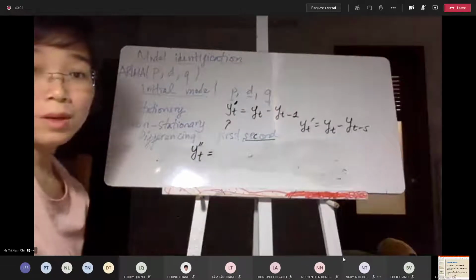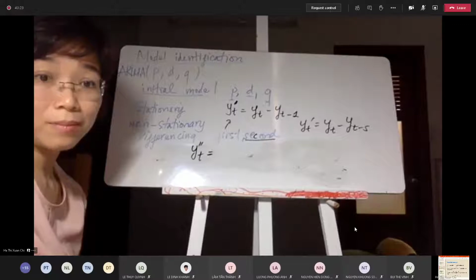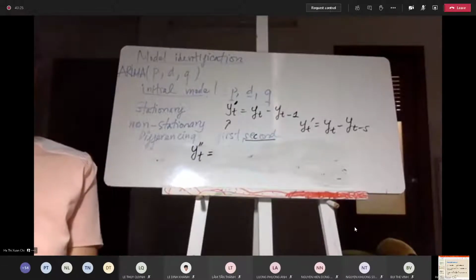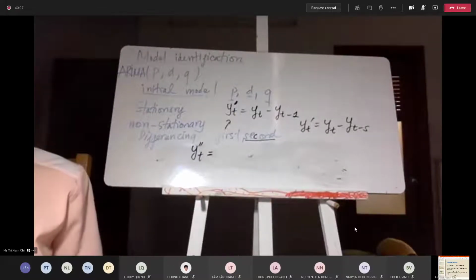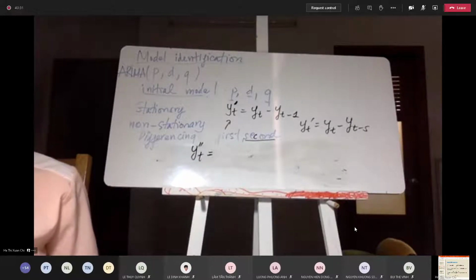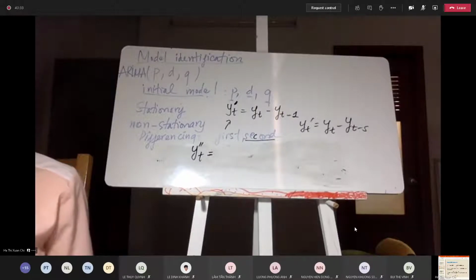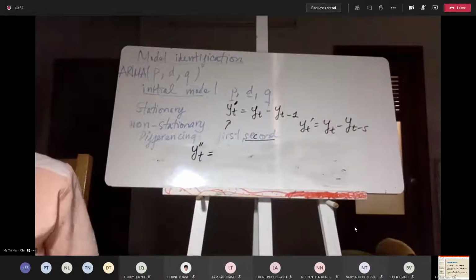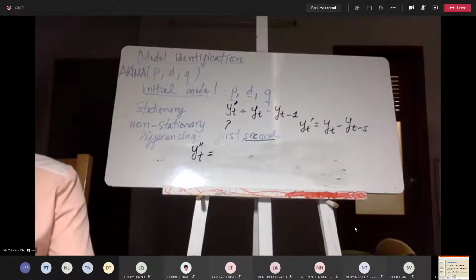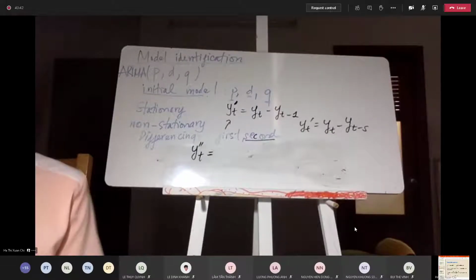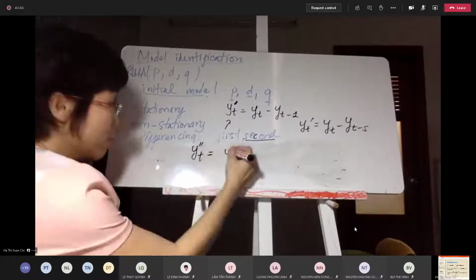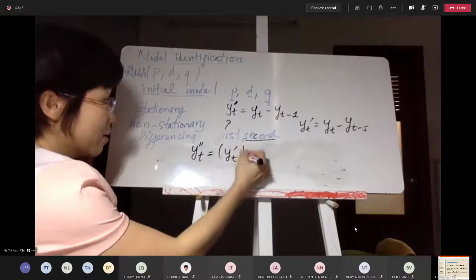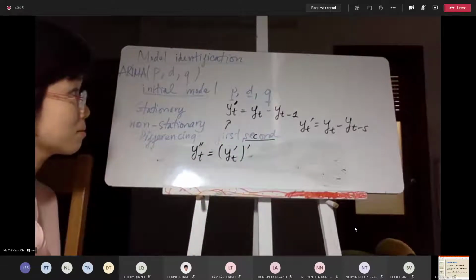So what is the second level? Any idea what the second level is? Second level here should be that.